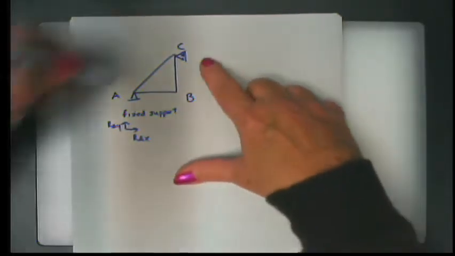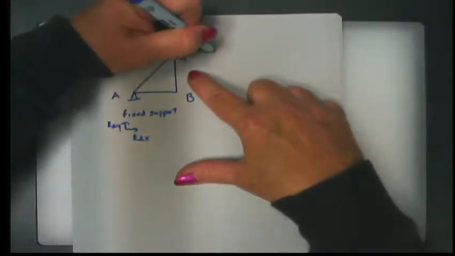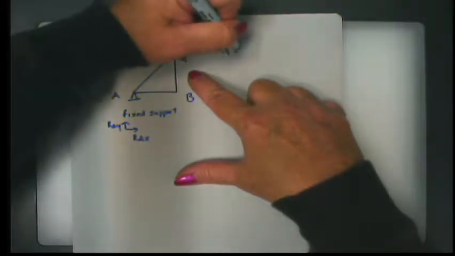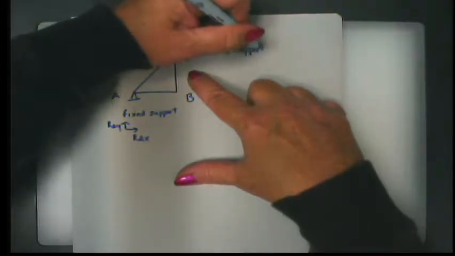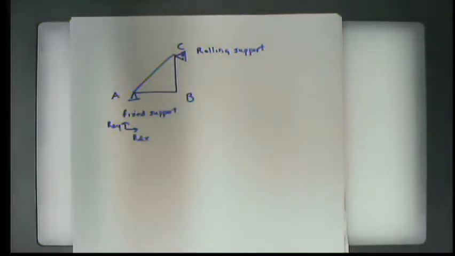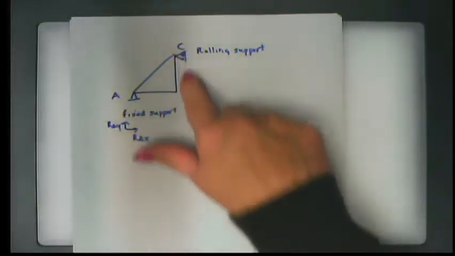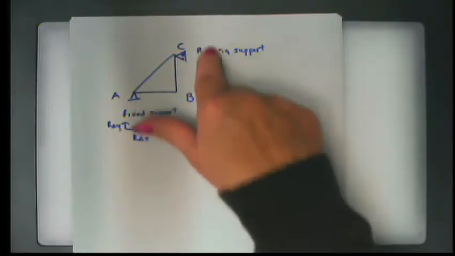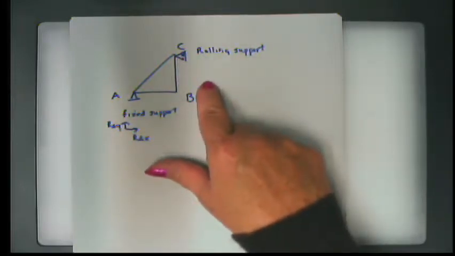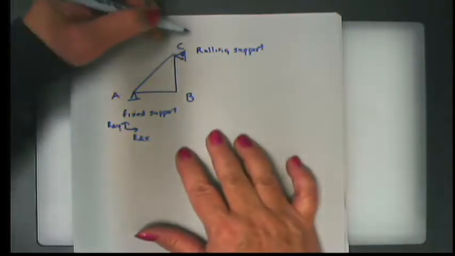This is called a rolling support. And a rolling support means, like, you remember we were talking about the fact that on a bridge or a truss, one of the supports has to be moving because otherwise it could buckle the truss. That means that this in the y direction will only move. It doesn't bear a stress or a force.